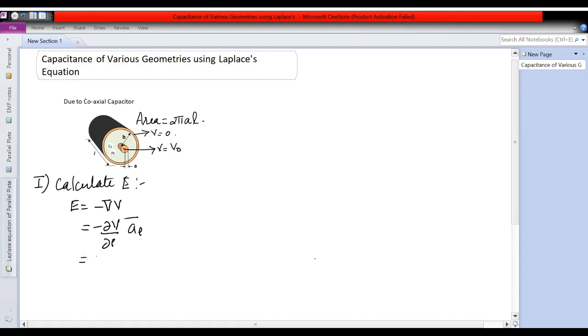So now minus dou by dou rho. What is V? V naught ln of rho by B divided by ln of A by B, into A rho vector.